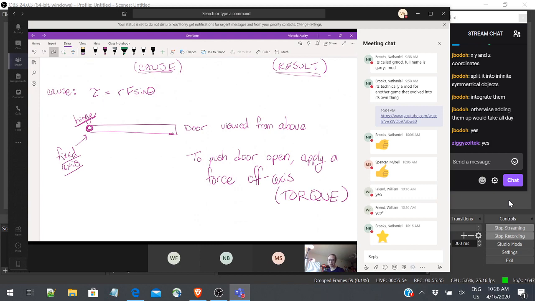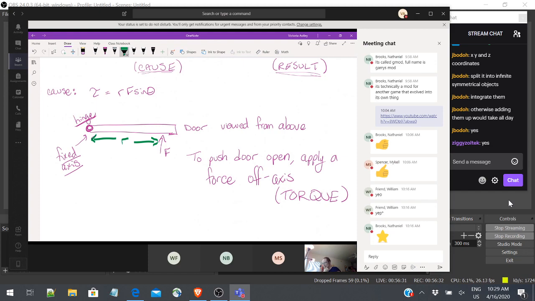So if you imagine in a cowboy movie, they walk in and they shove the saloon doors. So there's going to be some push with some amount of force that is at some distance r away from the axis. Okay. Makes sense, hopefully.